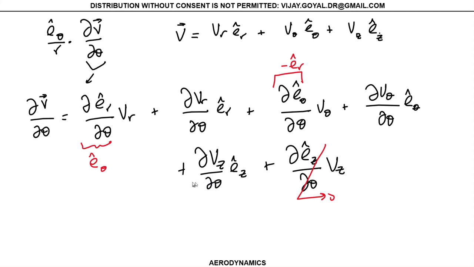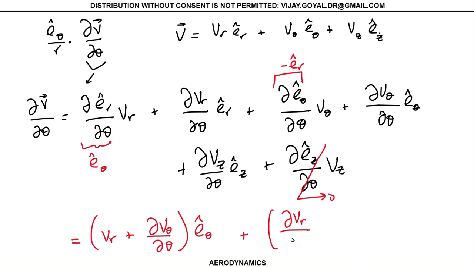So if I collect all the terms now, you can show that what you have left is the following: partial of v_r with respect to theta, e_r, plus partial of v_theta with respect to theta, e_theta, plus v_r e_theta minus v_theta e_r, plus partial of v_z with respect to theta, e_z. Okay? So this is what we have in the problem.